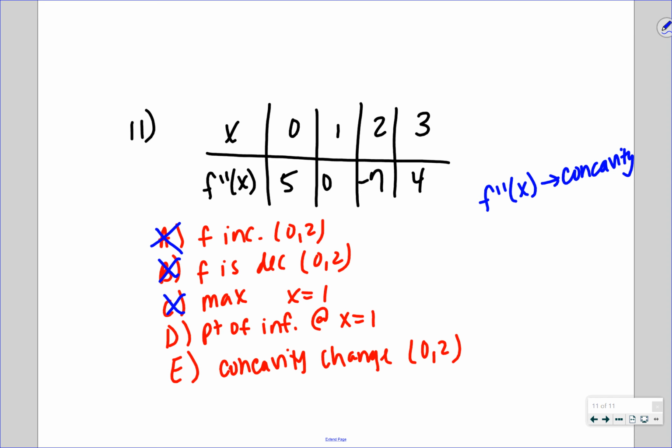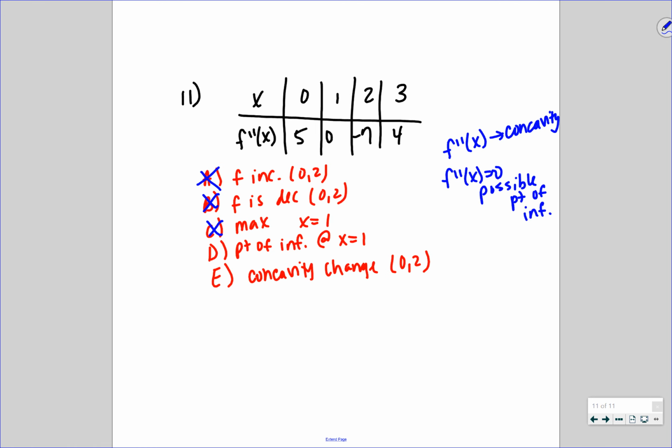Technically, your point of inflection would happen when your second derivative is equal to 0, but that's just possible points of inflection.